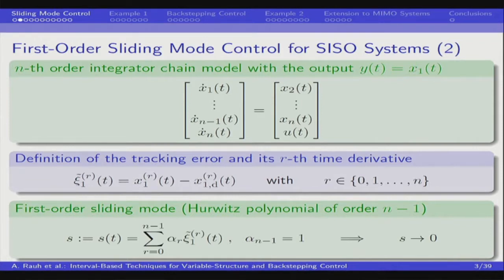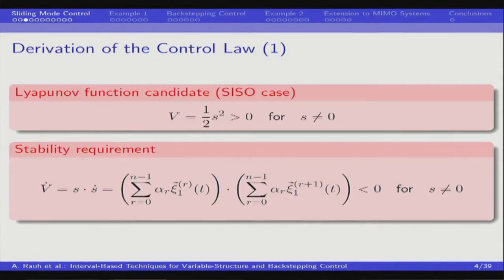If this is guaranteed, what you have to make sure is that for states that are not located on the goal, you need some asymptotically stable motion towards the desired operating conditions. This can be achieved in such a way that you specify a Lyapunov function candidate, as written here on the slide, as 1/2 times s squared, where s was this expression that I introduced on the previous slide as a measure for the tracking error. Now, in order to make sure that the system is converging towards the desired operating state that is given by s equal to 0, you have to make sure that the first time derivative of this Lyapunov function candidate is guaranteed to be negative.